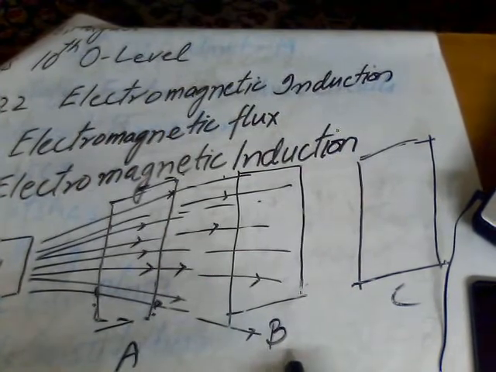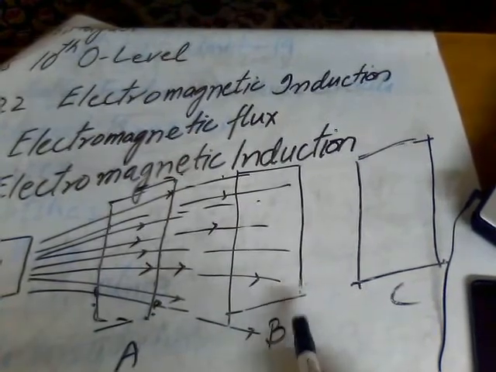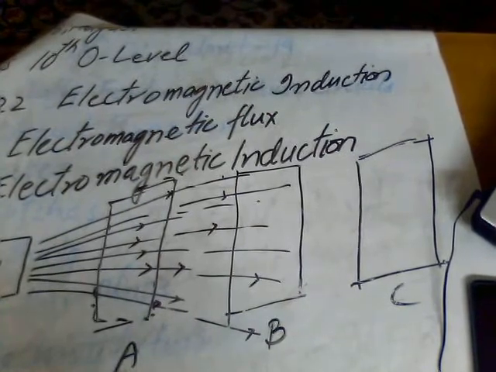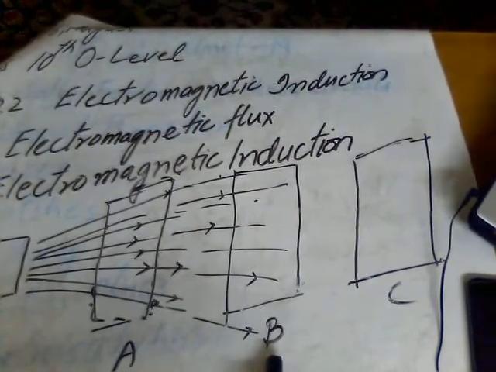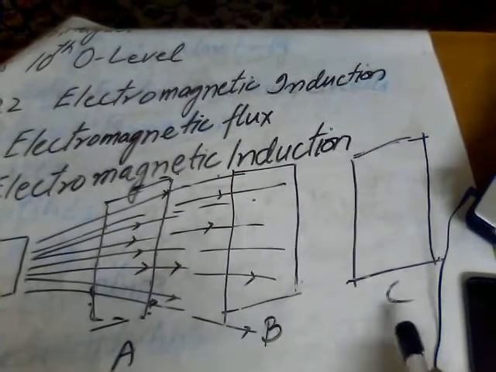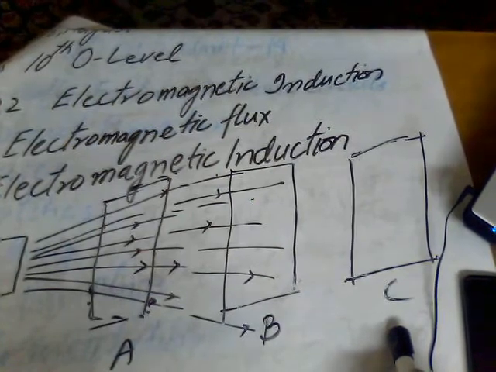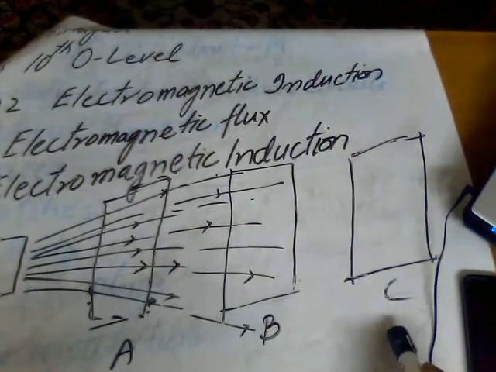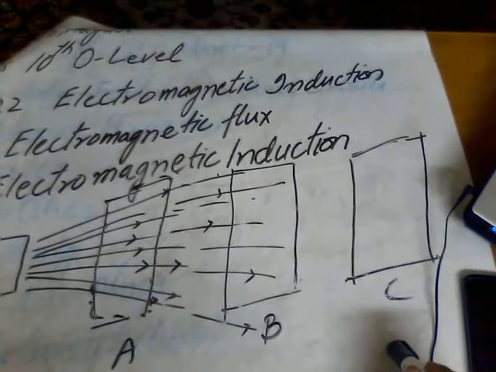At B, the number of magnetic field lines passing through this coil is reduced. So as compared to A, the flux at B is reduced. In case C, zero magnetic field lines are passing, no line passing. So the flux at point C will be 0.